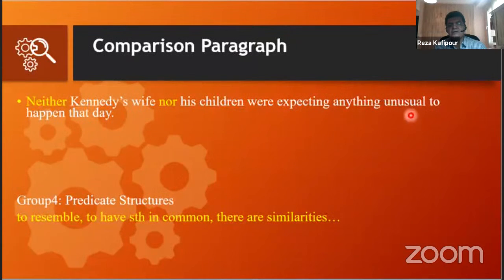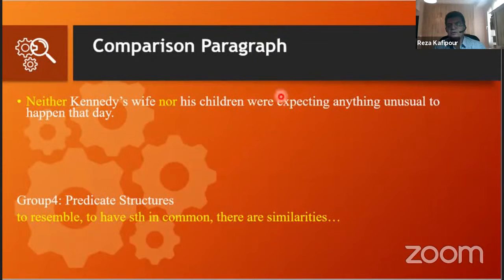So expecting anything unusual to happen that day is the basis of comparison. We want to say Kennedy's wife and Kennedy's children were expecting anything unusual to happen that day. So how to say it by using neither nor? Neither Kennedy's wife nor his children were expecting.